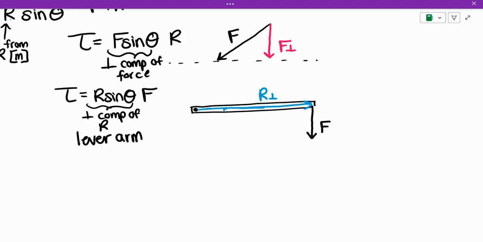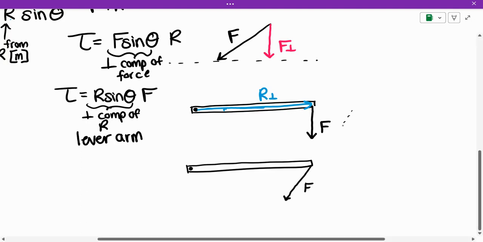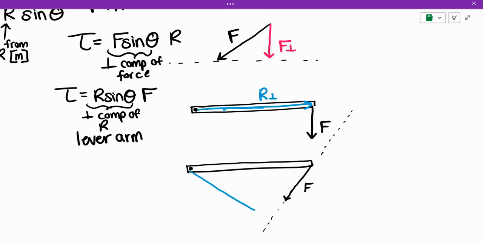Okay. But if I apply a force not perpendicular, then my lever arm looks something like this.